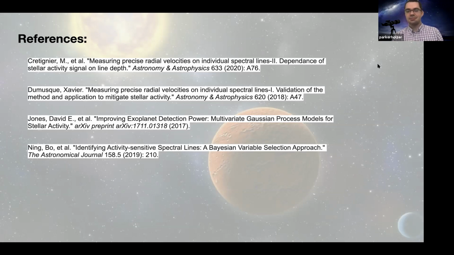But that assumption is more strict for the transit method than it is for the radial velocity method. And that being said, the signal from the transit method is often a little bit more obvious from what I've heard than the radial velocity. So there are pros and cons to both.